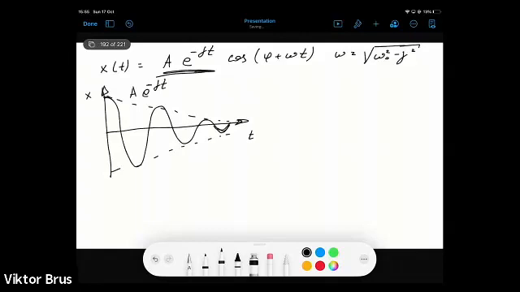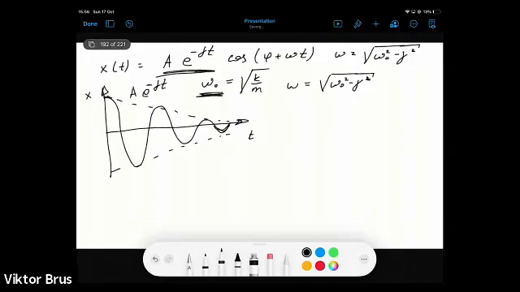But this frequency is already not the omega naught frequency, which is equal to square root of k divided by m for the case when we don't have any damping. The frequency of this decaying oscillation will be equal to square root of omega naught squared minus gamma squared. So the higher the damping, the larger the deviation from the intrinsic oscillation.